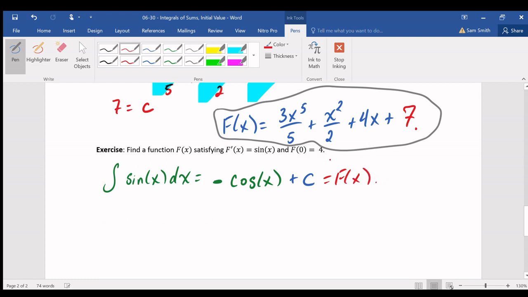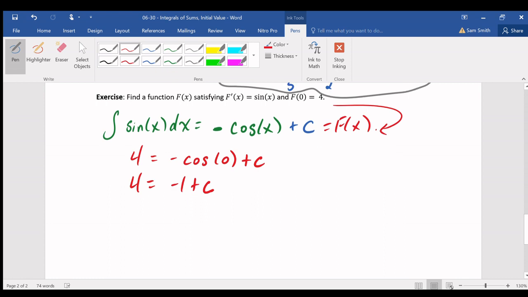Now, let me go ahead and plug in x equals 0 for x and 4 for the output. It says that 4 should be the result if you plug 0 in x's place in this function. Now cosine of 0 is equal to 1, which means that I now have to solve this equation for c. c is equal to 4 plus 1, which is 5.